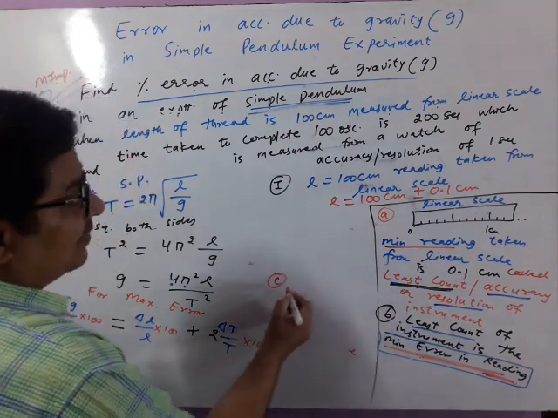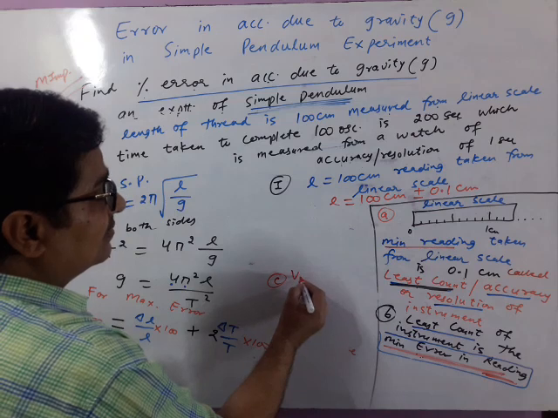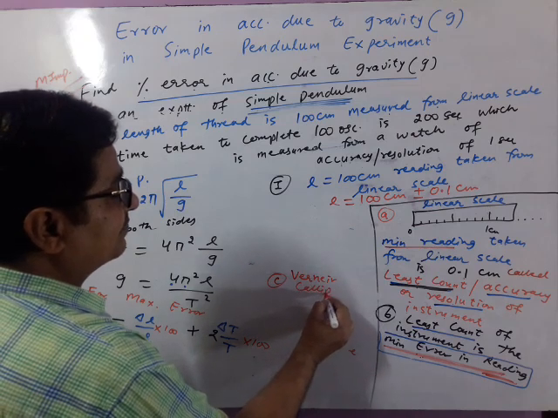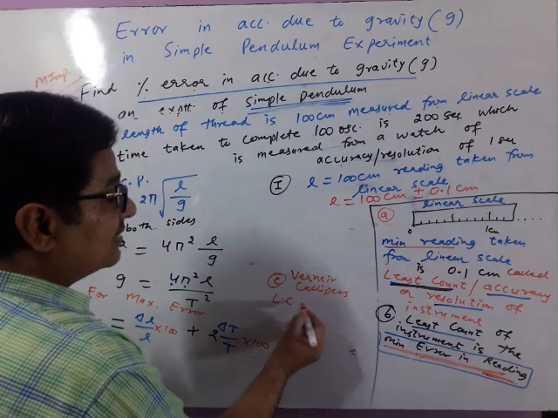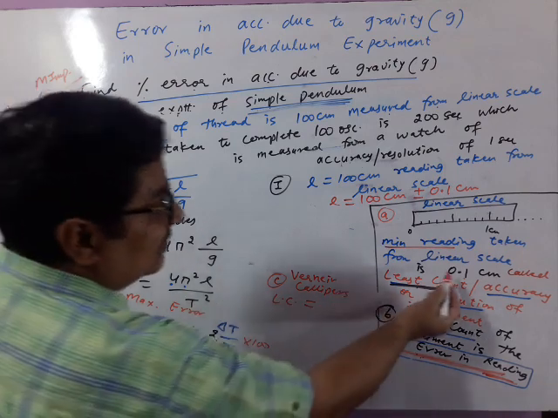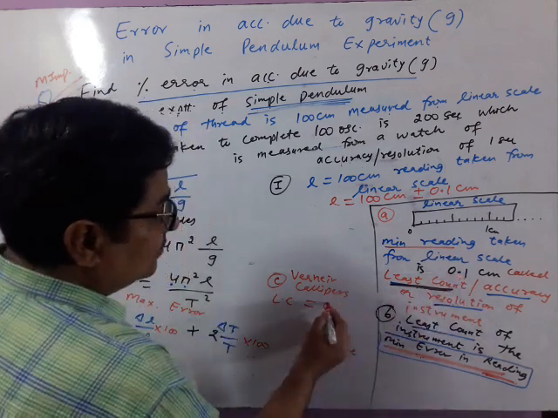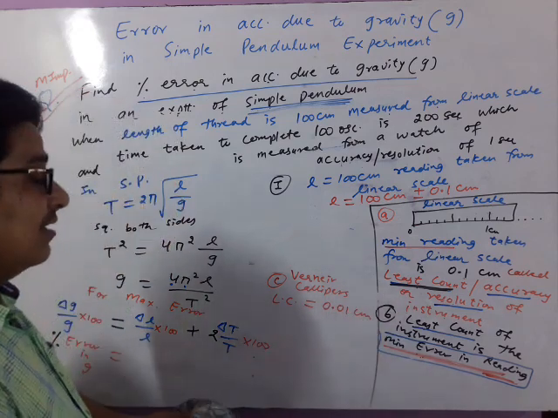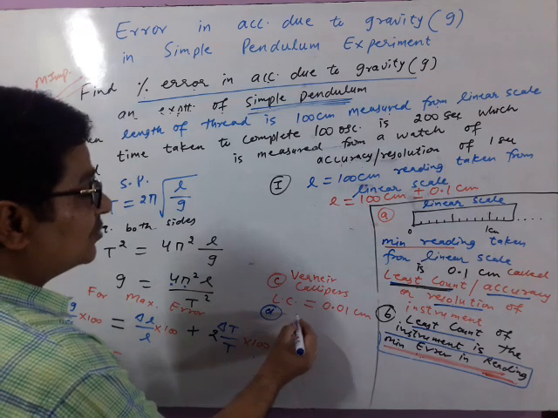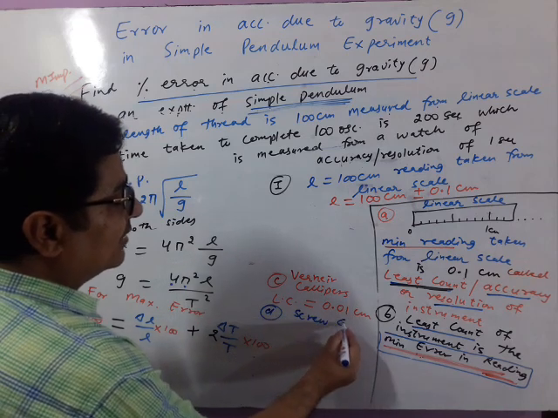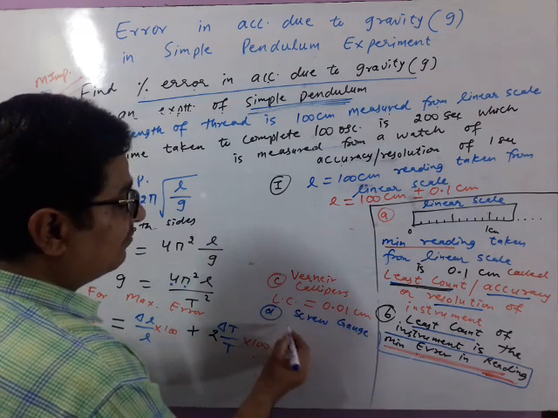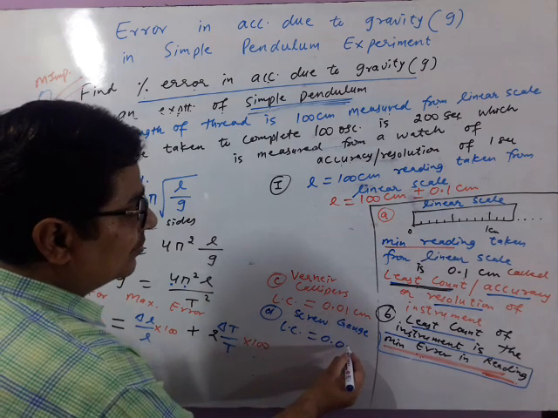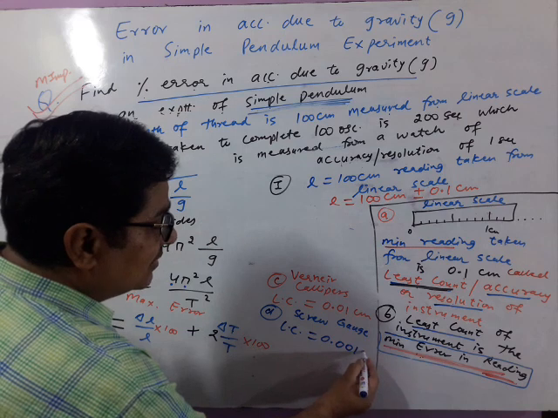Step C. There are another instruments, vernier scale or vernier calipers. Least count of vernier calipers is, put one more zero here, 0.01 centimeter. D, screw gauge. Minimum reading is, put one more zero, 0.001 centimeter.